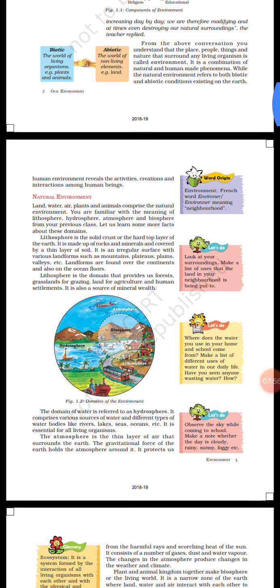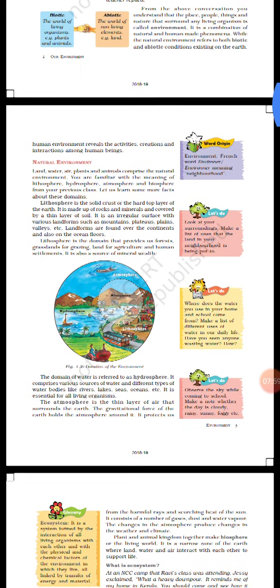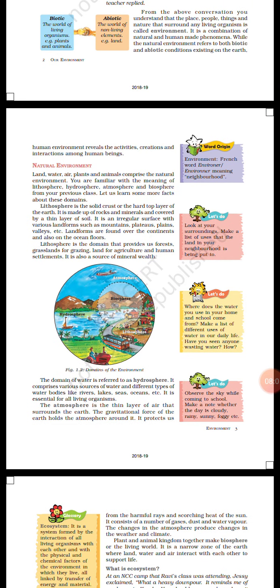The domains of our environment are lithosphere, hydrosphere, atmosphere, and biosphere. The lithosphere is the solid portion of the earth where we live. It is the domain that provides us forests, grasslands for grazing, land for agriculture, and human settlement. It is where we find several minerals also.